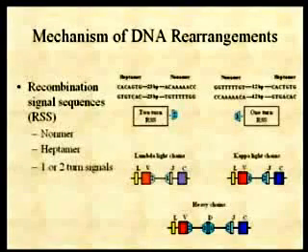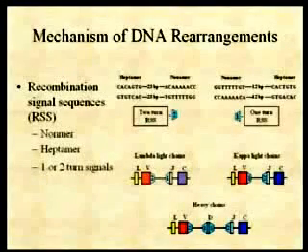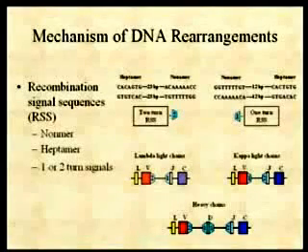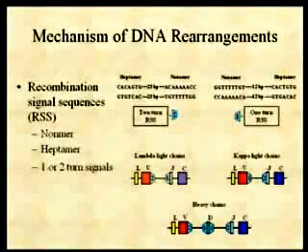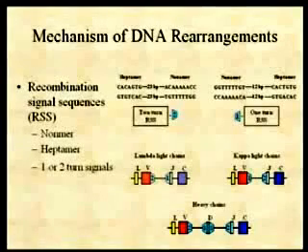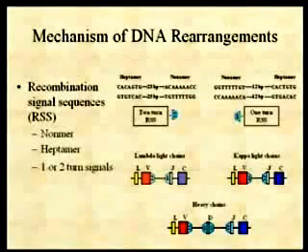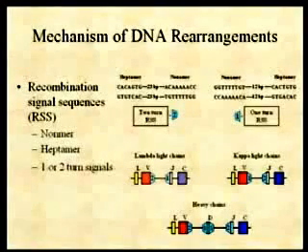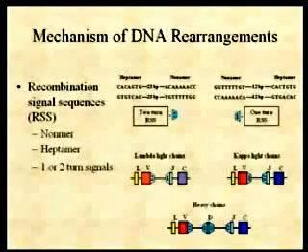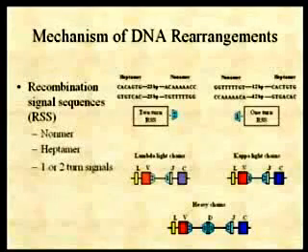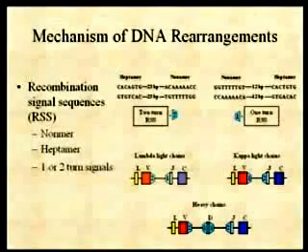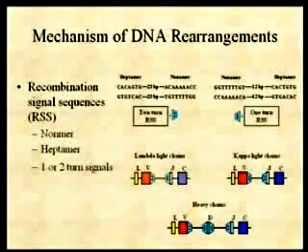Now, the reason that's important is that when you take 12 nucleotides, what will happen? 12 nucleotides is what it takes to move one time around the helix of the double helix of the DNA. So consequently, that results in the nonamer and the heptamer being on the same side of the DNA molecule, all right, when it's in its helical form. 23 base pairs is what it would take to go around the helix twice and bring the nonamer and the heptamer on the same side of the sequence.